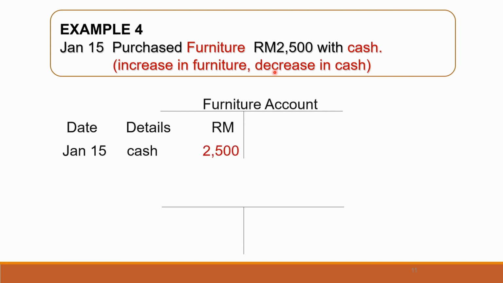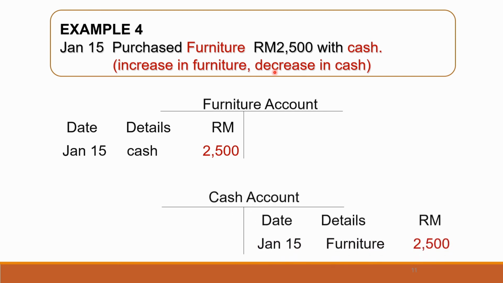The first one, furniture account, and the second one, cash account. You have to record the same date with the same amount in the furniture account in the debit side because it will increase in the furniture, and for cash account it will decrease the amount. So we have to record in the credit side.